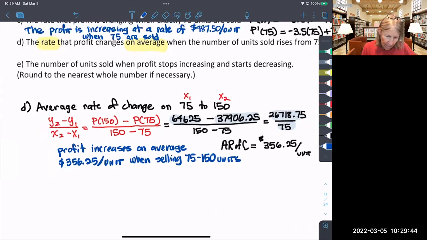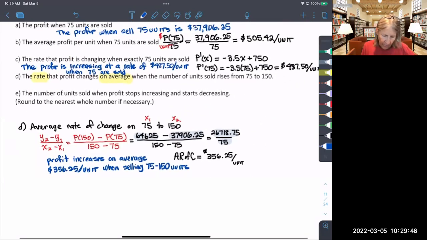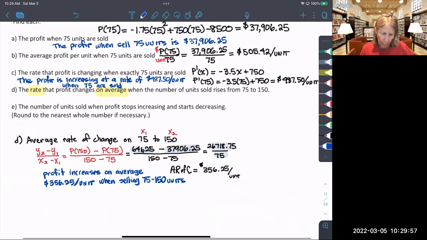Part E. Part E says, figure out the number of units sold when the profit stops increasing and starts decreasing. So far what we've noticed by both of the rates we've figured out is that the profit's definitely been going up, and increasing rather rapidly. So I wonder, when does this profit stop increasing? When does it start decreasing?